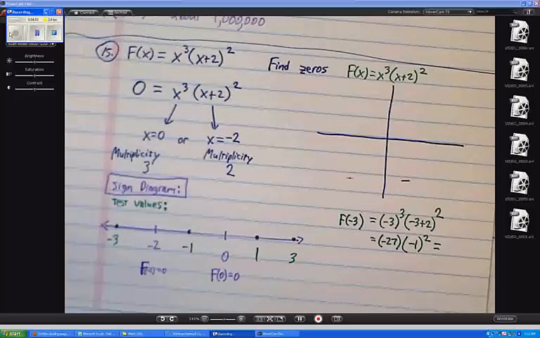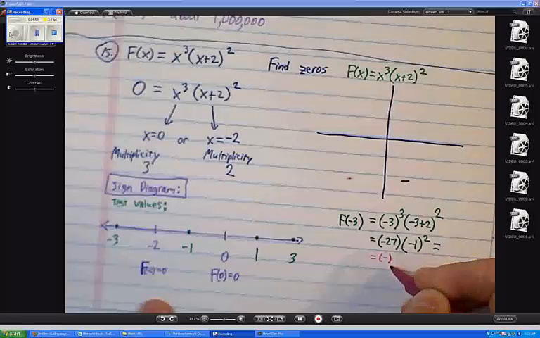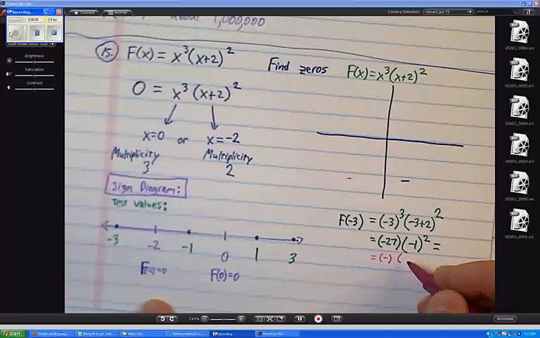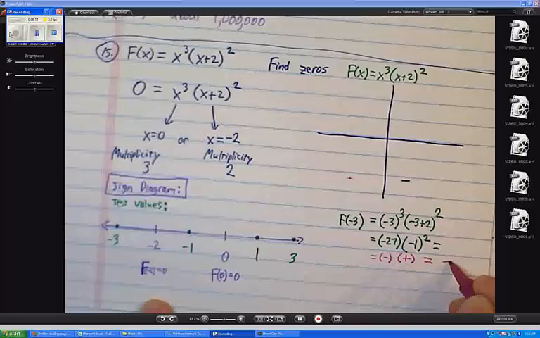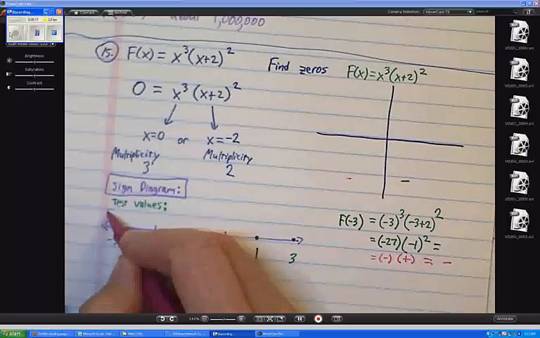I'm just going to write down that this is negative, and this one is, what happens when you square -1? Positive or negative? And if I have negative times positive, what do I get? Negative. So f of -3 is negative.